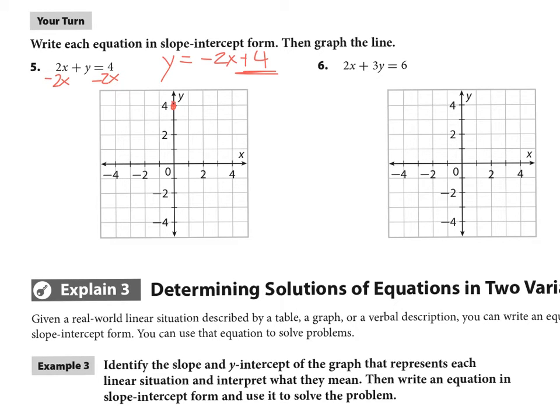My slope is negative 2. Now really that's negative 2 over 1. So what does that mean I need to do? That means I need to go down 2 and then over 1. There's a new point. Could I do it again? Yes. Sure. I could go down 2 and over 1 and get another point.